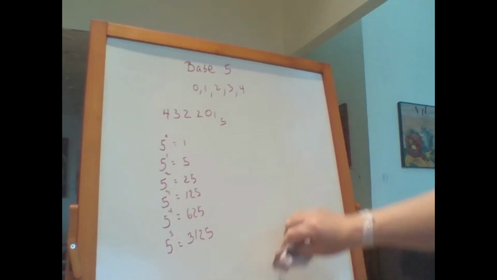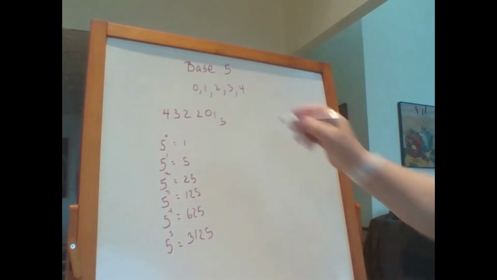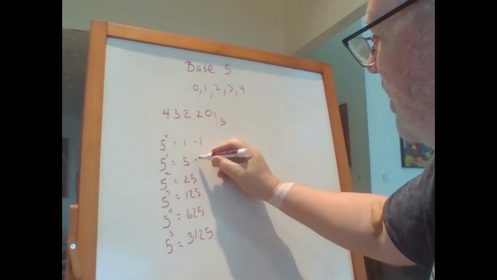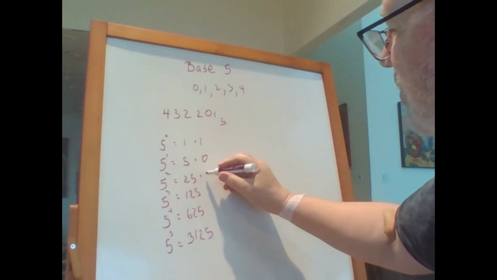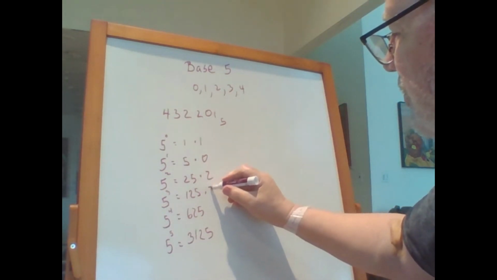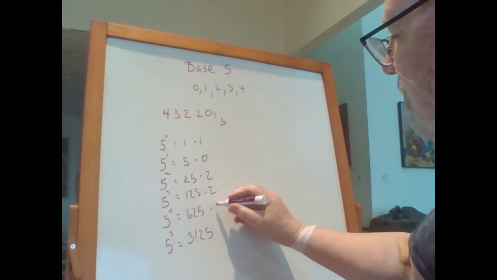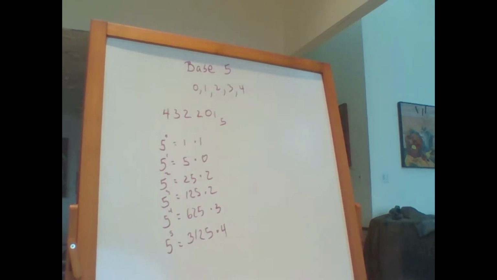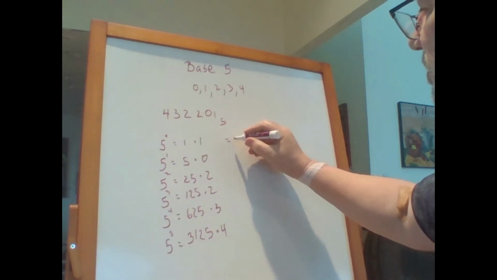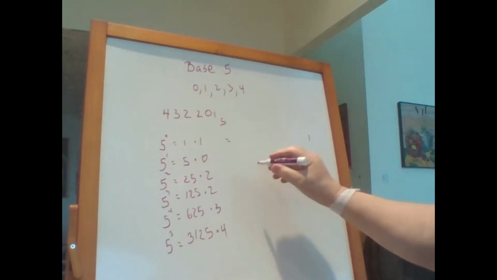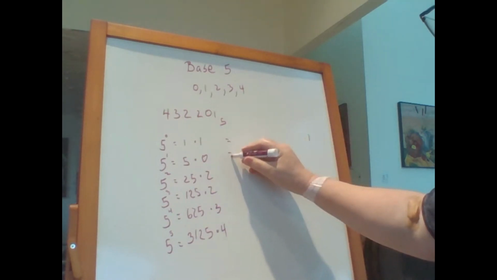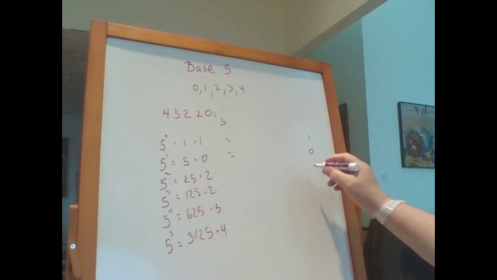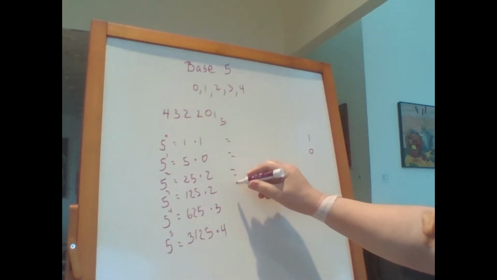And then each placeholder here, that's times 1, times 0, times 2, times 2, times 3 and times 4. And this is equal to 1, 0, 2 times 25 is 50.